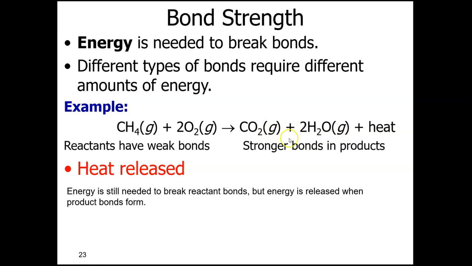These bonds are stronger and the electrons are closer to the protons in these resulting products. Because the potential goes down, we have a lower potential energy in these molecules, and this creates heat. That heat is released. We still need a little bit of energy to break and reform these bonds, but overall, energy is released in the system.